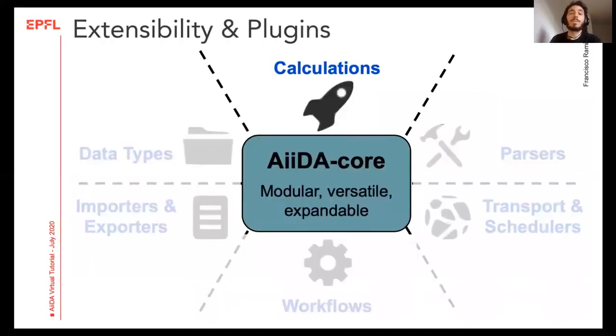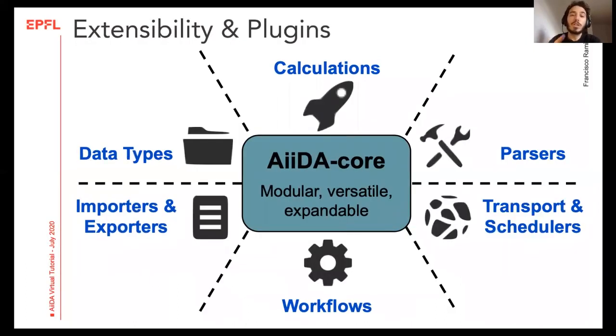In other words, you will have to implement what is called a calculation plugin. So AiiDA's core distribution is built as an easy-to-expand base that you can use to create wrappers around almost any external code. So you can use almost any external code this way by doing a calculation plugin.